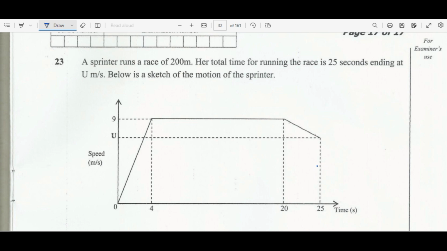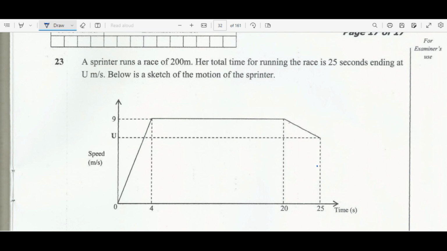Now this question is a time graph. A sprinter runs a race of 200 meters. Her total time for running the race is 25 seconds, ending at u meters per second. Below is a sketch of the motion of the sprinter.